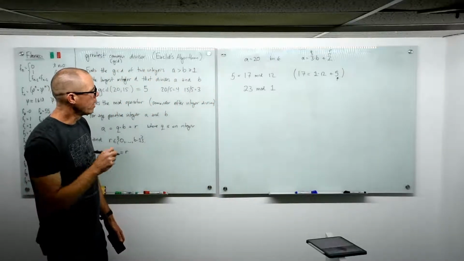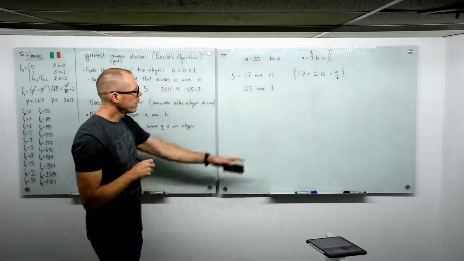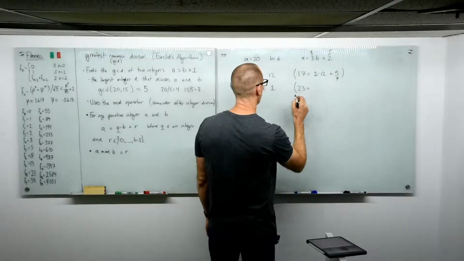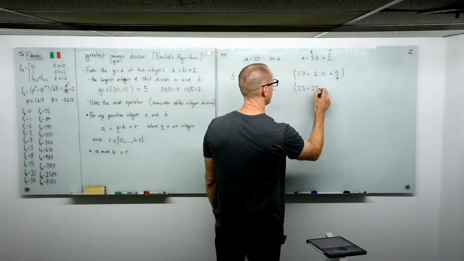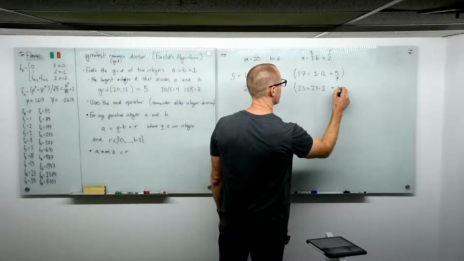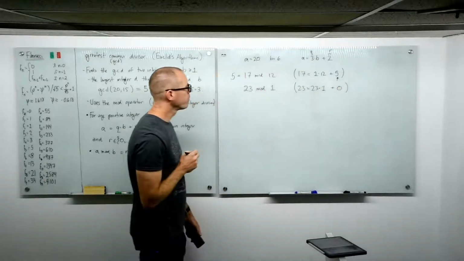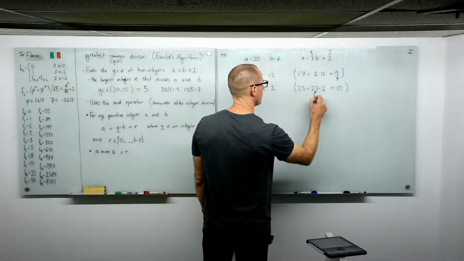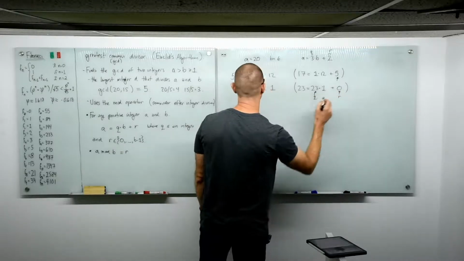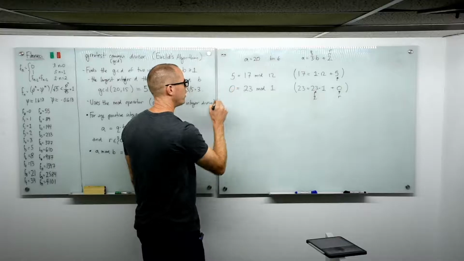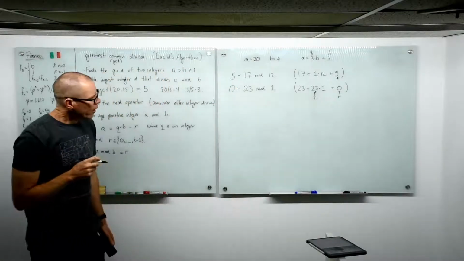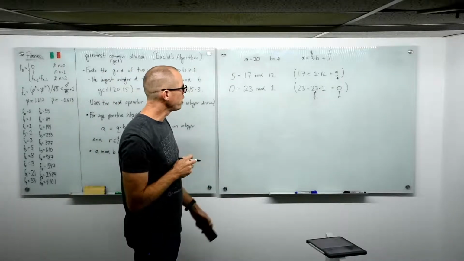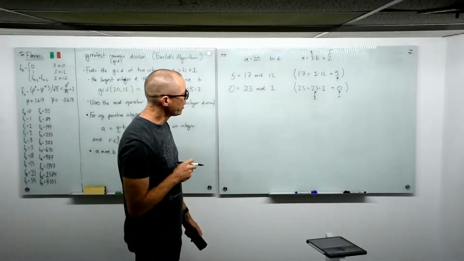It actually shows up in the algorithm. So what does that mean? Well, I have to write 23 in this form. So 23 is equal to 23 times 1 plus 0, right? So in this case, this is my value Q, this is my value R, so 23 mod 1 is actually equal to 0. And I think you see there's nothing special about 23 here. If I put any integer here and ask for it mod 1, then I'm going to get 0.